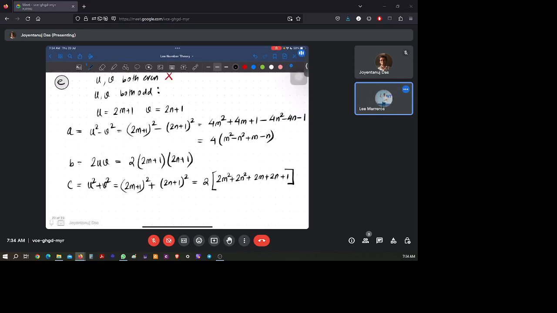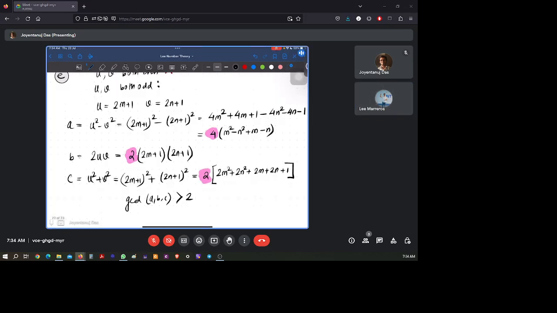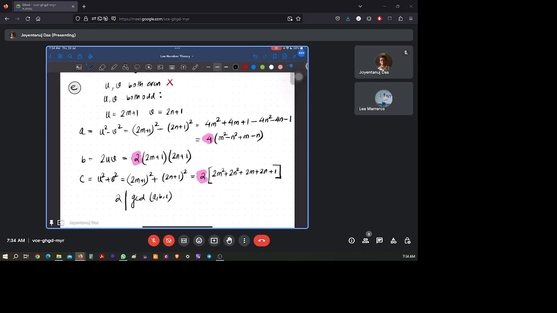Now we can see that each term has a factor: this has 4 as a factor, this has 2 as a factor, this has 2 as a factor. So their GCD is at least 2. So this is not primitive; 2 divides the GCD of a, b, c. This implies a, b, c is not primitive.